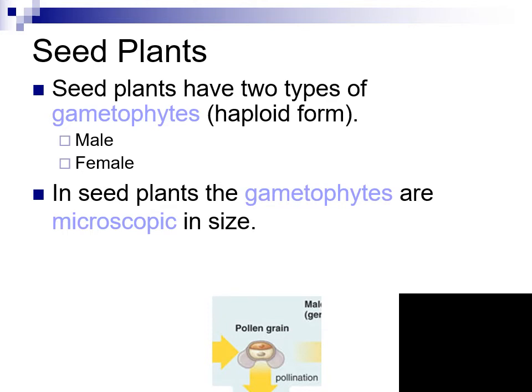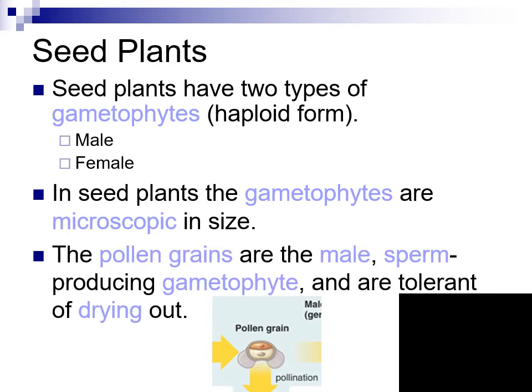Just like all of the other plant groups that we've looked at, we have gametophytes and sporophytes. In seed plants, of course, the gametophyte is non-dominant. It's haploid. It makes gametes. But we have 2 kinds: a male gametophyte and a female gametophyte, both microscopic.